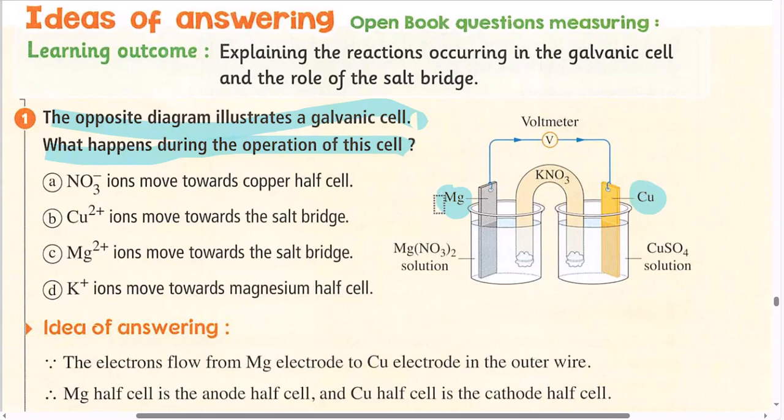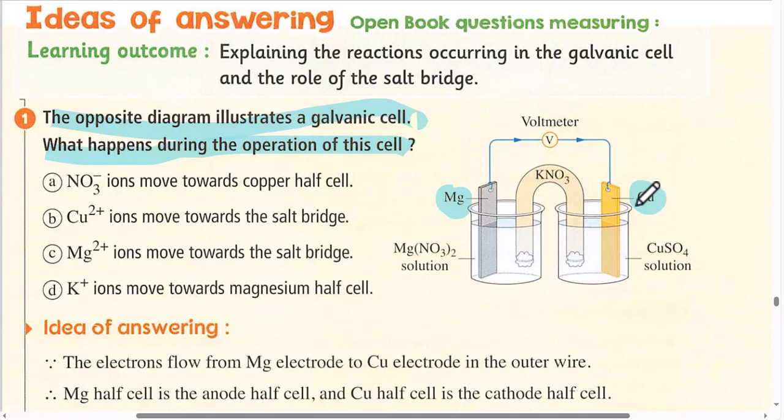It is oxidized easily. Copper acquires electrons and magnesium releases electrons. So the magnesium half cell is the anode, which is exposed to oxidation, and the cathode half cell is the copper.